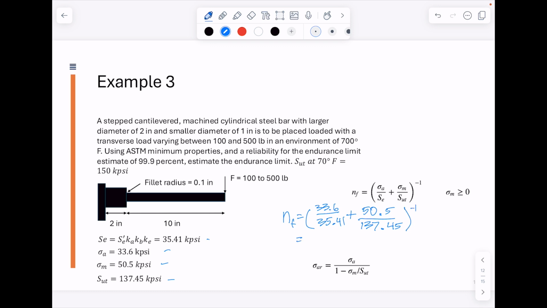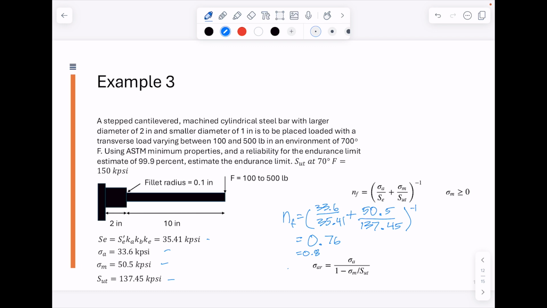And if we do that calculation, we end up with our n is equal to 0.76, or 0.8 if we're just taking it to the 10th place. Now, since this is less than 1, we know that we cannot rate this for an infinite life.